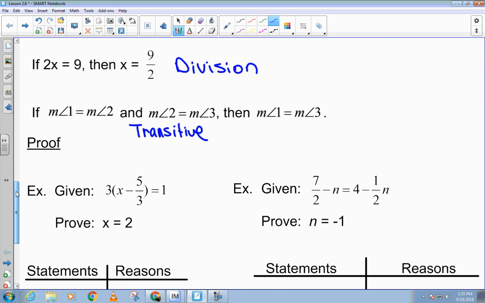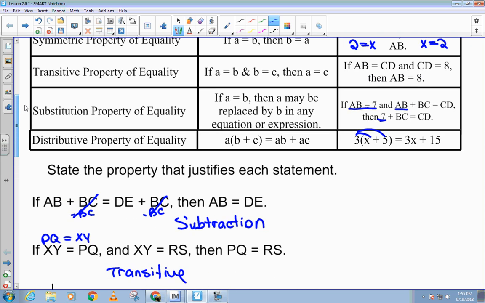Typically your substitution, like you have two things that are equal to each other, and then you have another thing, and you go in and replace that with what one of those things are equal to. It's like replacing something with what it's equal to. I'm pretty lenient on the difference between the two.